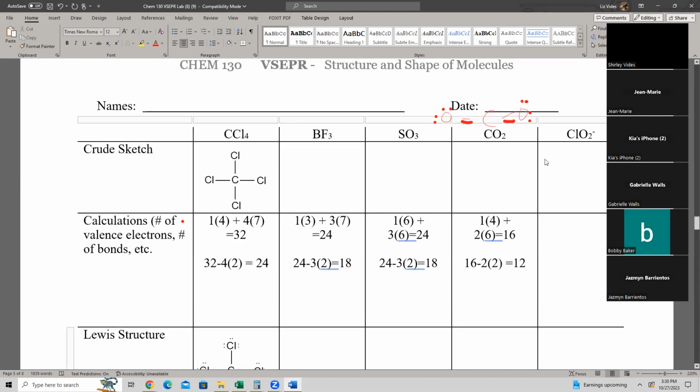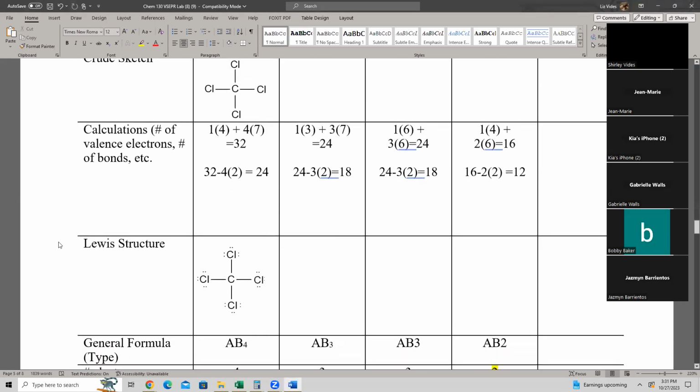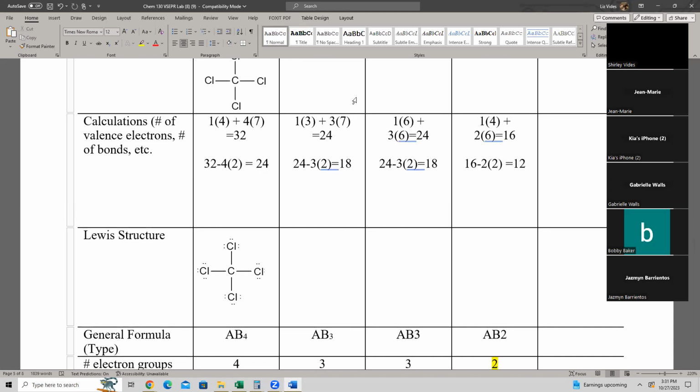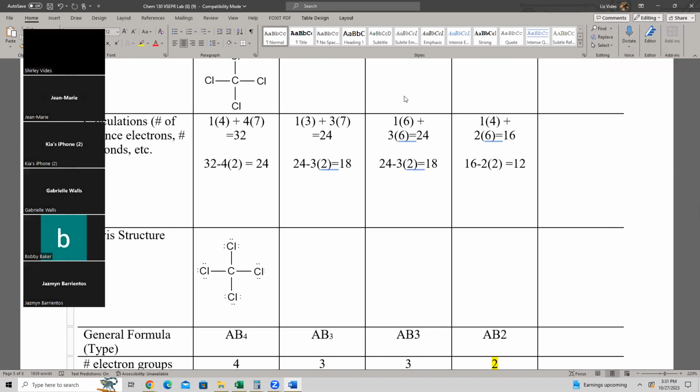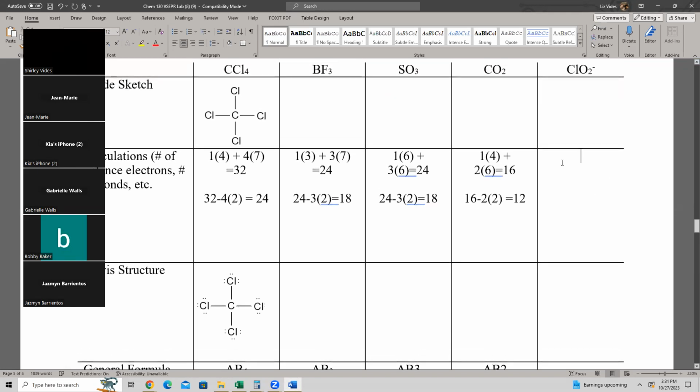Okay, sorry. Now the next one is ClO2 negative. Let's clear this up because we do not want that one again. Notice it's negative. So let's do the math.